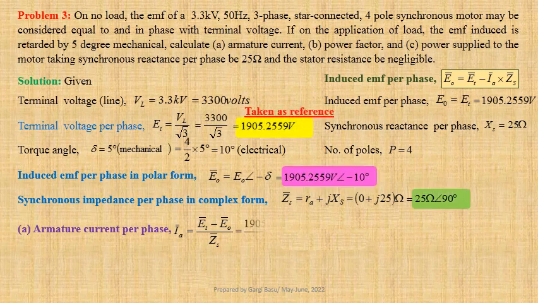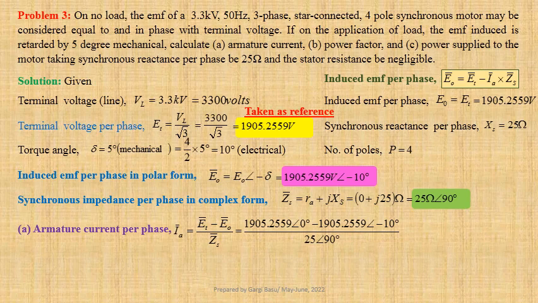Ia equals 1905.2559 at an angle 0 degree minus 1905.2559 at an angle minus 10 degree divided by 25 at an angle 90 degree.